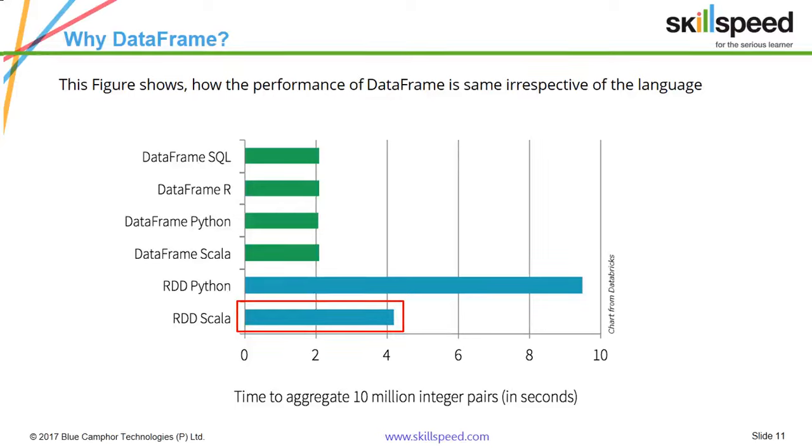But the same core Spark code in Python takes more time to execute, somewhere around 9 seconds. But the data frames, whether in SQL, Python or Scala, are fast, and they take the same time, almost about 2 seconds.